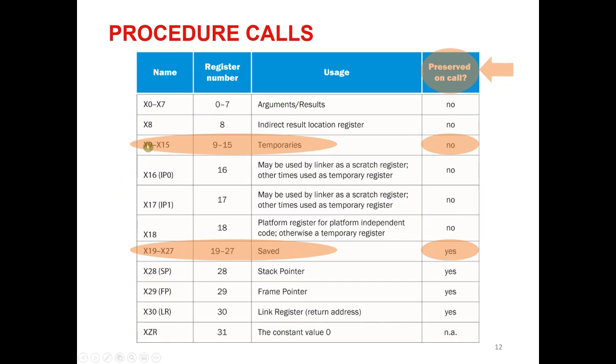On the contrary, if I'm using registers 9 to 15, which are temporaries, I can modify them in the procedure, and I don't need to restore the values they had before calling the procedure. Here you can see that the link register is a special register used for the return address, and I also need to preserve the value in this register on a call. I cannot modify it, because if I do, I will not be able to return to the execution flow once I finish my procedure.